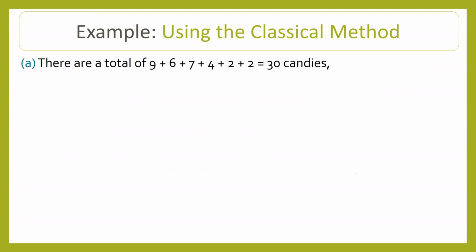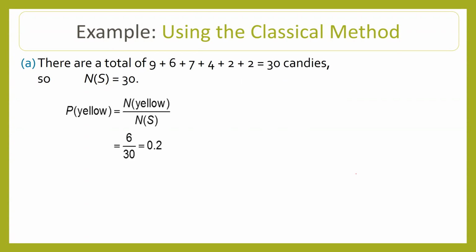All right, so let's start with answering the questions. So there are a total of how many candies in the bag? This is a total of 30, if you add all the candies together. So the number in the sample space, n, is 30.